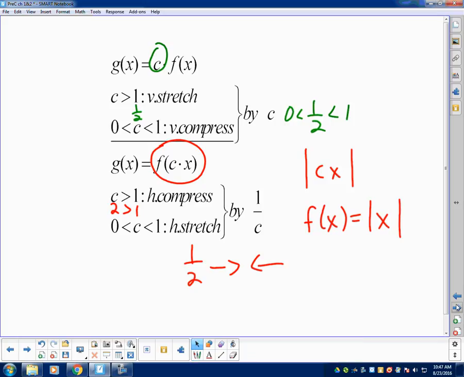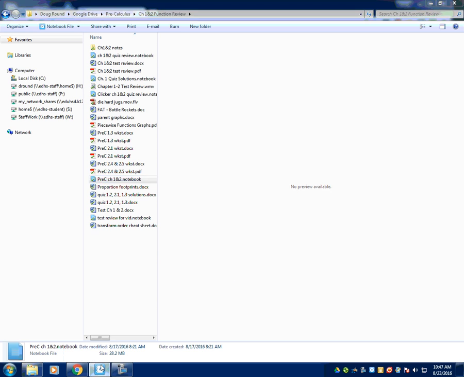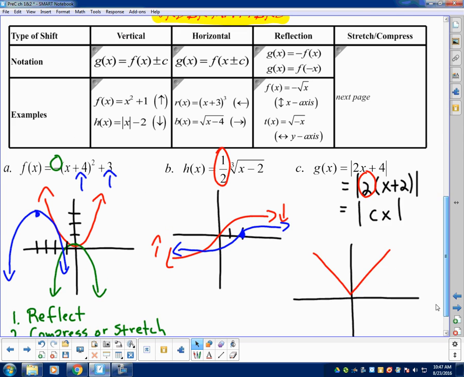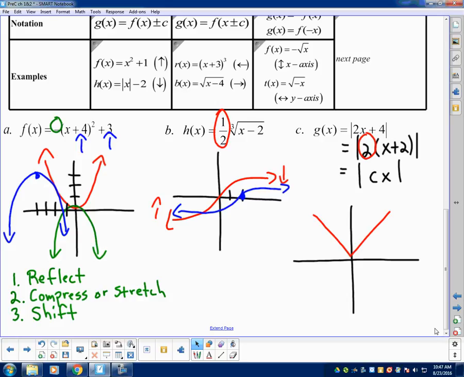So going back here, down to the bottom, it's going to take this graph and make it a little bit narrower by half. So 0, 0 is going to stay the same, but instead of going to negative 1, 1, it's actually going to go, let's see here, plug in a value if you want.